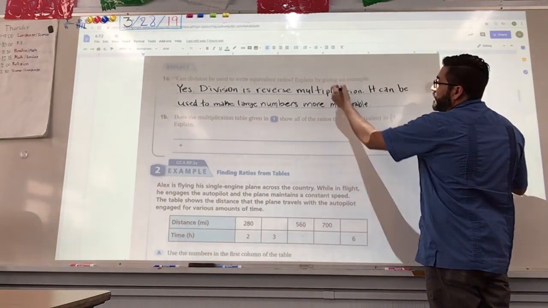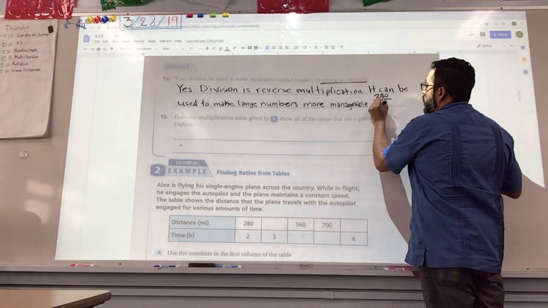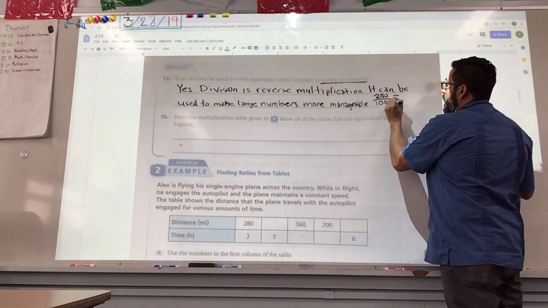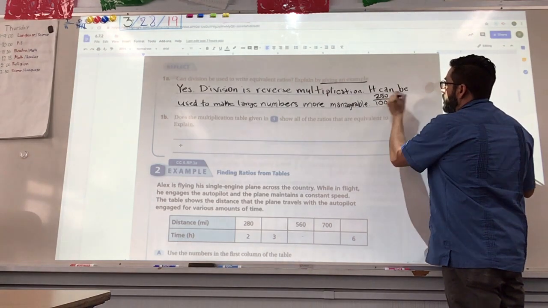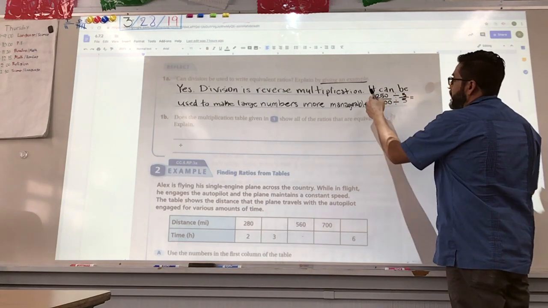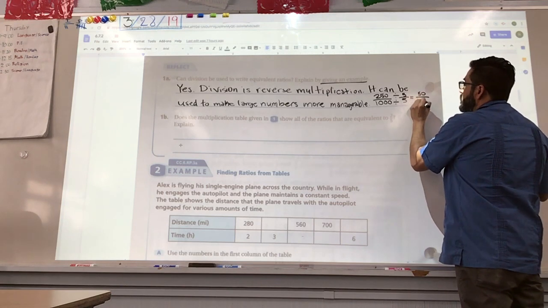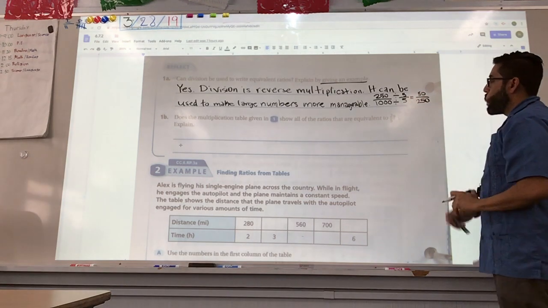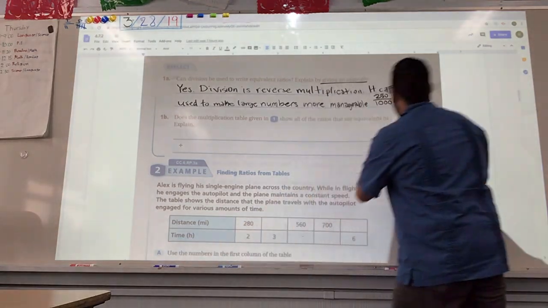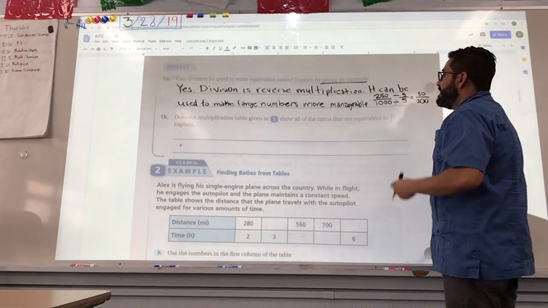So my example that I'm going to use, because it says give an example, I'm going to put 250 over 1,000, divide by 5, and that's going to give us 50 over 200. Okay, same ratio.